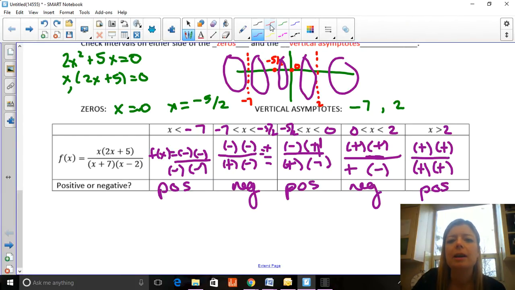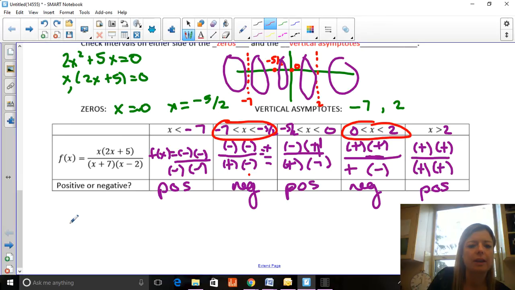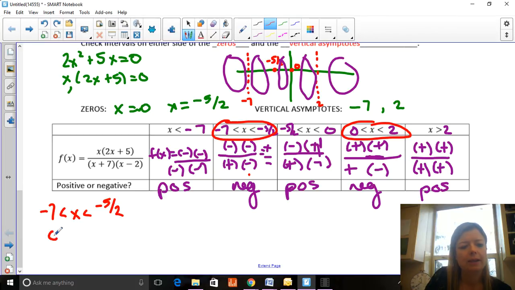But now I can make my conclusion because I'm looking for when this function is negative. So these two intervals are my answers. So my final answer to the original question is when x is between -7 and -5/2, and when x is between 0 and 2.